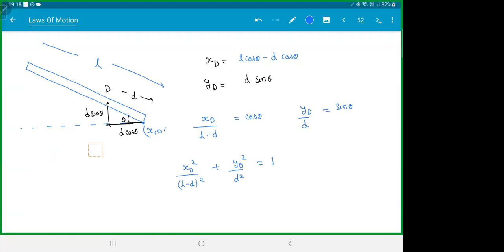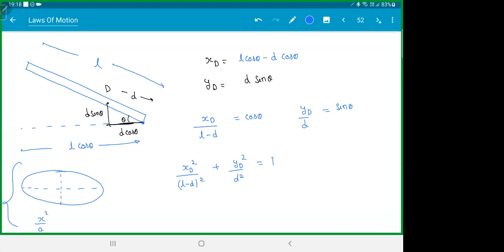Now, this is L cos theta. You should have an idea about this. This is an equation of an ellipse. The equation of an ellipse is given by x squared by a squared plus y squared by b squared. In the booklet that I gave you, there's a section with all graphs.